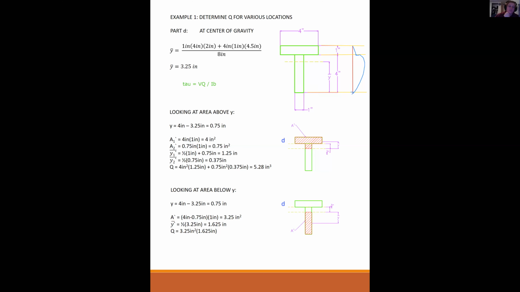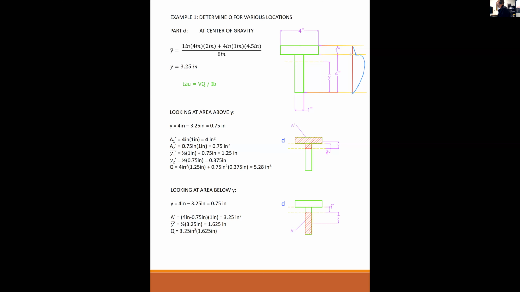That's where B changes. So the horizontal shearing stress just on this side compared to just on that side, the horizontal shearing stress on this side is going to be 4 times higher because B is 1/4 as wide. This is only 1 inch. This is 4 inches.